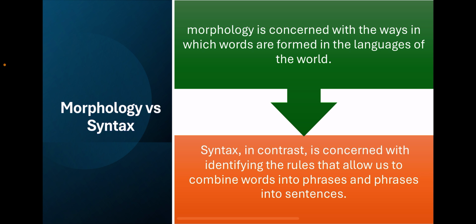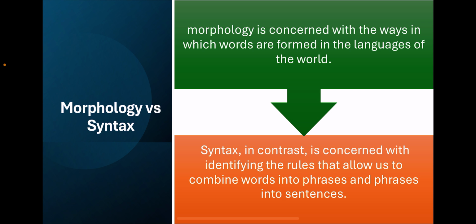So what does syntax do? Syntax combines words into phrases and phrases into sentences. But we can't randomly combine words into phrases or sentences. We have certain rules. What are those rules? For example, all the time we place the subject before the verb, all the time we place the object after the verb, and all the time we place an article, definite or indefinite, before a noun.